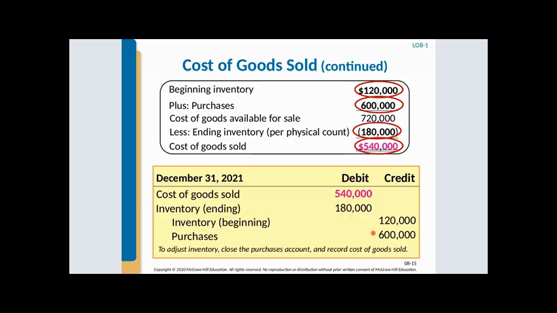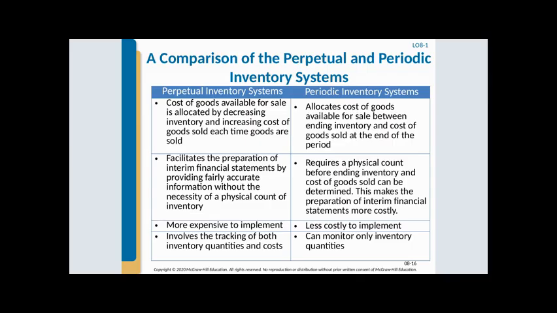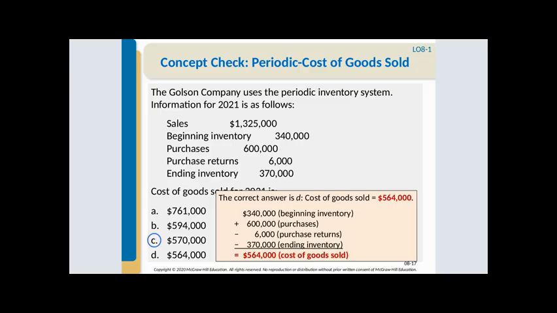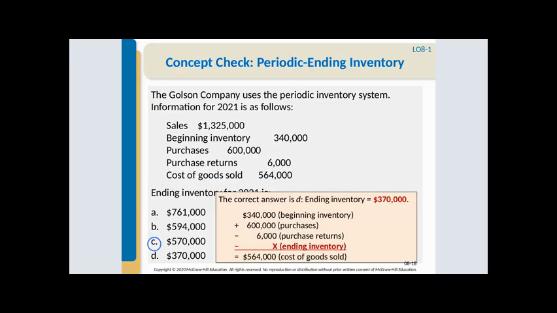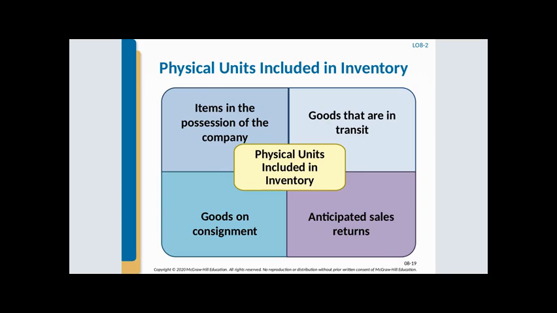So inventory and purchases, they're gone, and now we have this ending inventory. Okay, so this is the periodic system. You have some explanation here you guys can go over, some exercises that are included with the PowerPoint, which is available in Moodle.